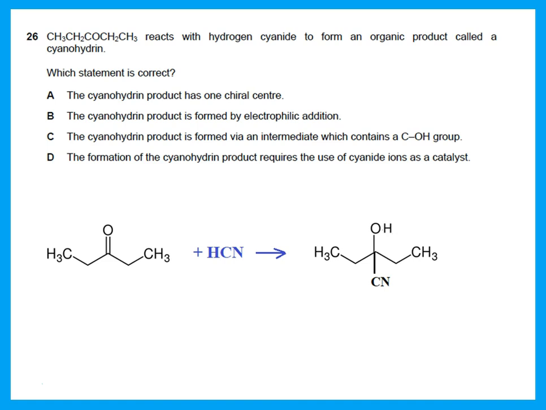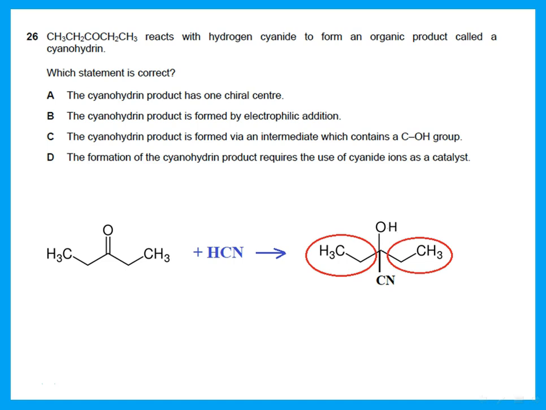So this is what we call a cyanohydrin. So statement A says the cyanohydrin product has one chiral center. Well, does this have a chiral center? Remember, we said a chiral center is bonded to 4 different groups. This one has CH2CH3 on both sides of the carbon, so this does not have one chiral center.